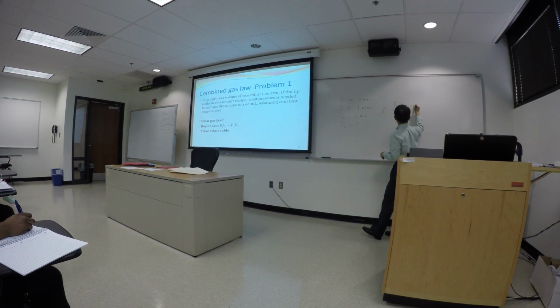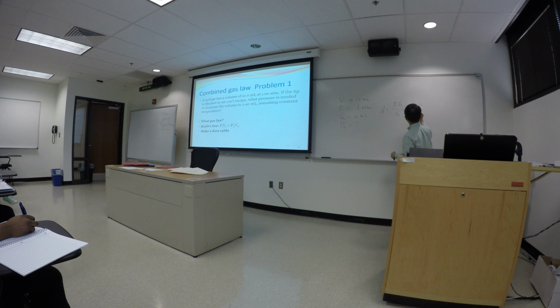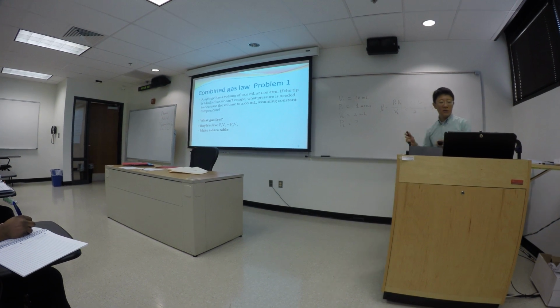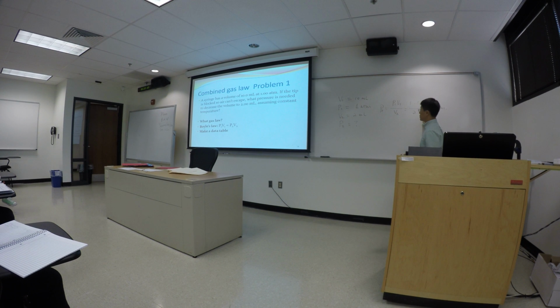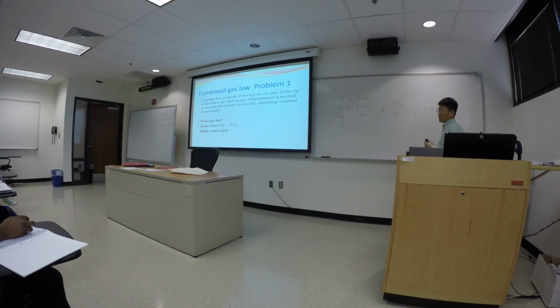So we have 1 ATM, 10 milliliters, and 2 milliliters here. This will give you 5 ATM. And pay attention to the sig figs; I wasn't observing the sig figs when I put it on the board, just to save some time. So this is the relationship here.